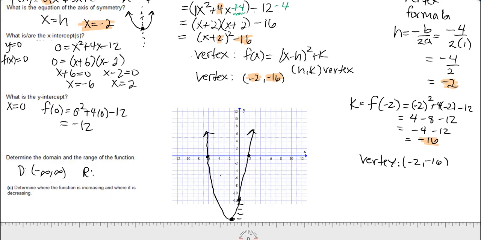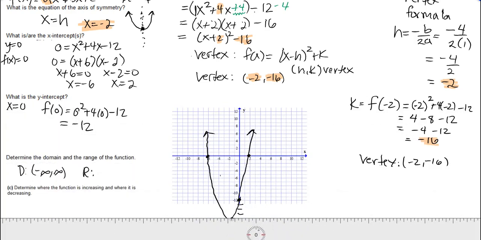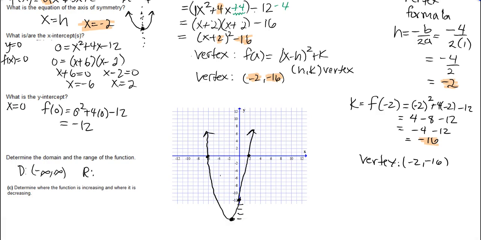The first time my ruler would hit the graph would be at the vertex, and then it would continue on to infinity. So in general, we're going to go from k to infinity for any up-facing parabola. For this example, our k is negative 16. So negative 16 to infinity, with a bracket on that negative 16.